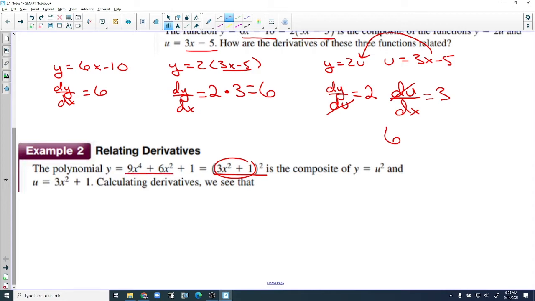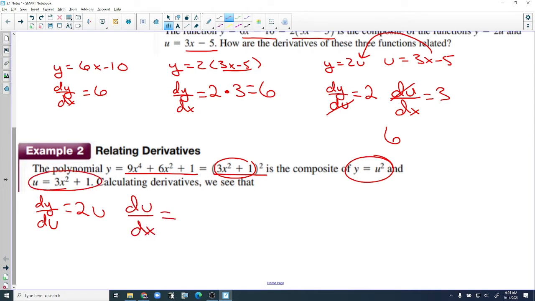The first one, that's just a polynomial, but we could turn it into the chain rule. We wouldn't want to do that, but we could. So dy/du, the derivative of really the outside, which is the squared function, is 2u. du/dx, which is the derivative of the inside function, is 6x.